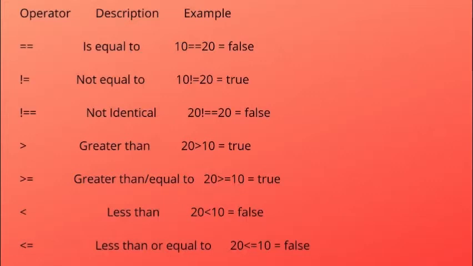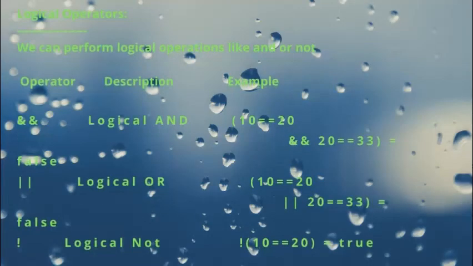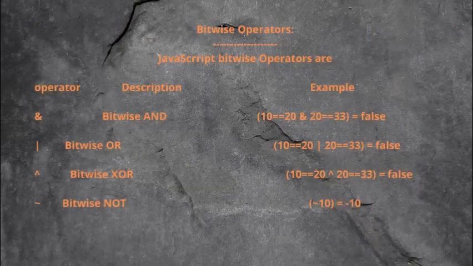The following are the JavaScript comparison operators: is equal to, not identical, greater than, greater than or equal to, less than, and less than or equal to. Logical operators, we can perform logical operations like and, or, not, as you can see in the picture.